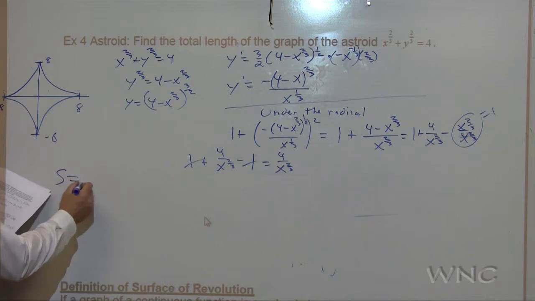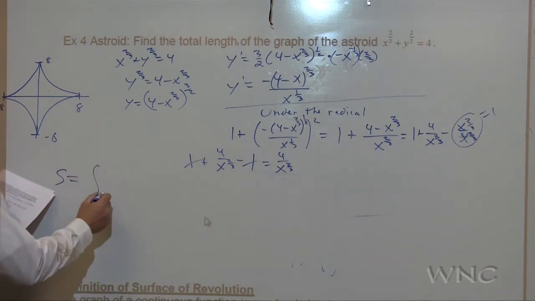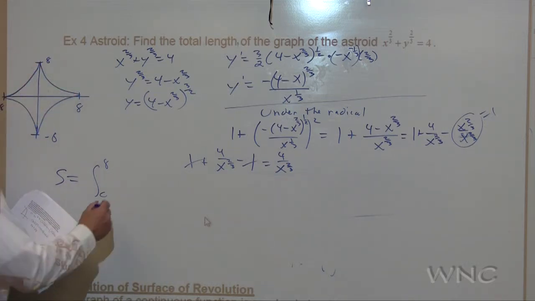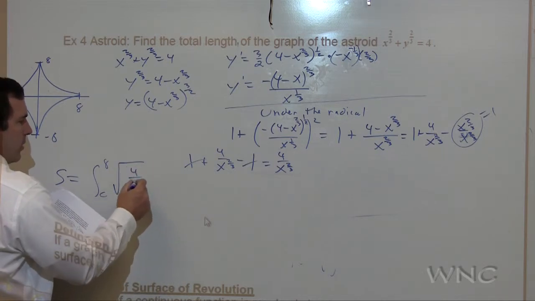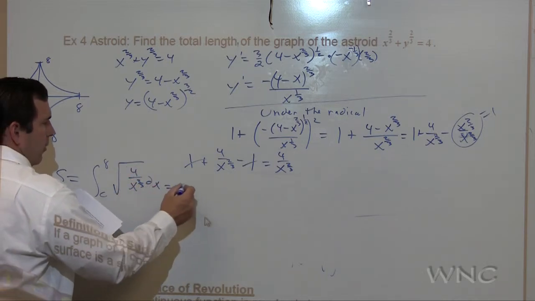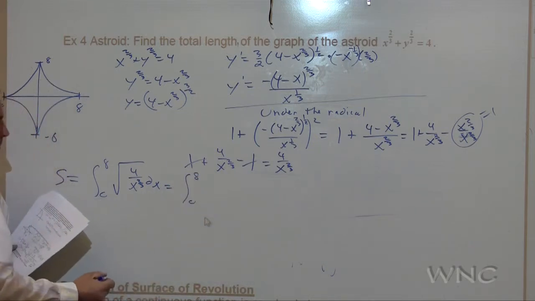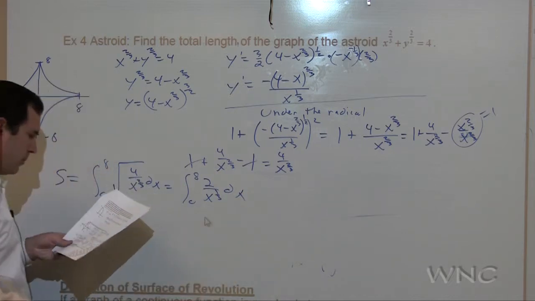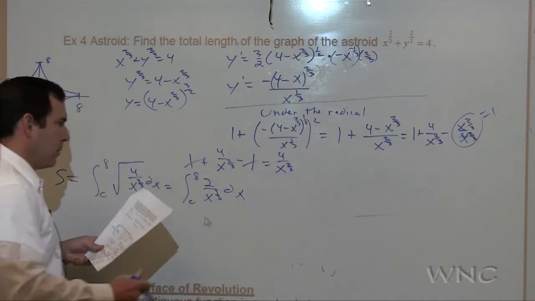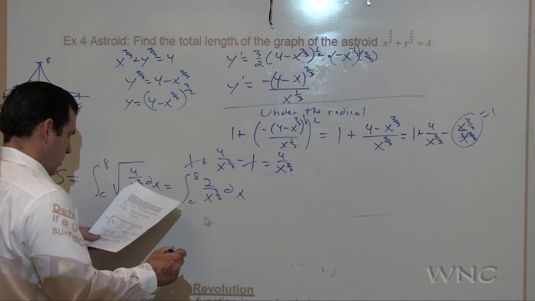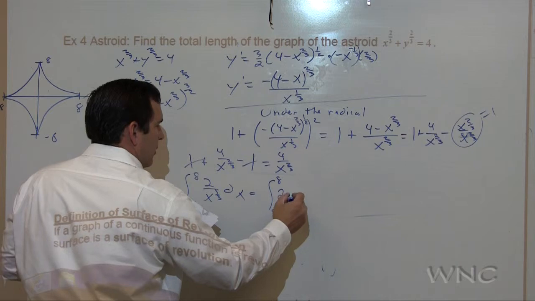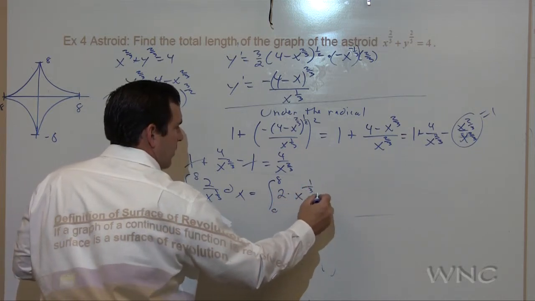So s will equal the integral from 0 to 8. We're going to multiply this by 4. We'll get one of these and multiply it by 4 to get all of them. The square root of 4 over x to the 2/3 dx, which is the integral from 0 to 8 of 2 over x to the 1/3 dx. That's the integral from 0 to 8 of 2 times x to the negative 1/3 dx.